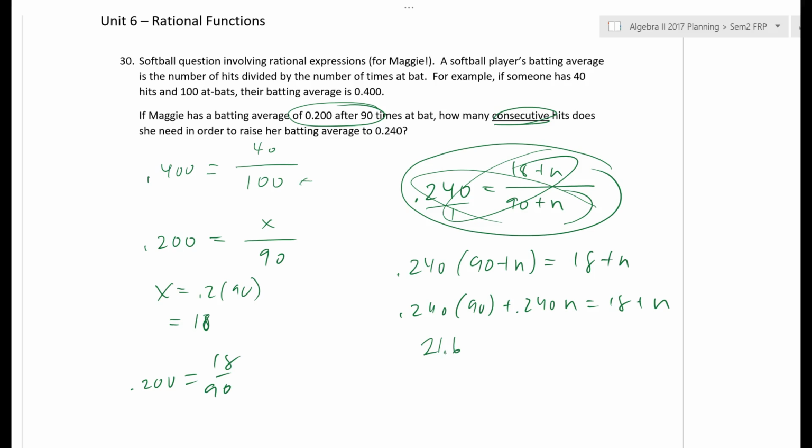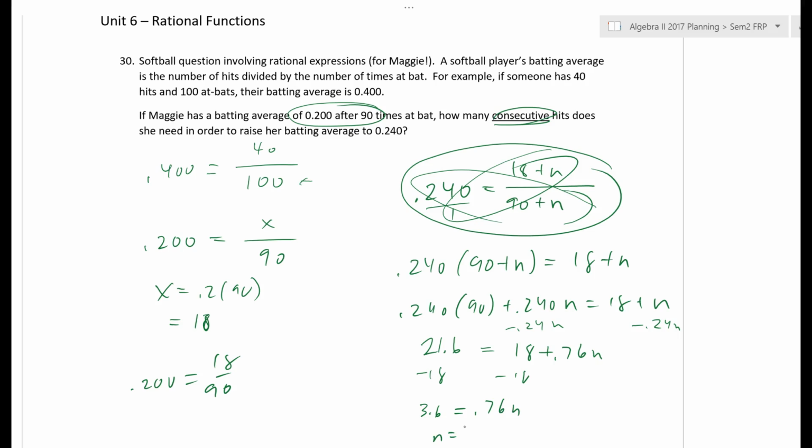This is 21.6. I'm going to go ahead and subtract 0.24n from both sides here. That'll give us 18 plus 0.76n. Subtract 18 from both sides will give us 3.6 equals 0.76n.